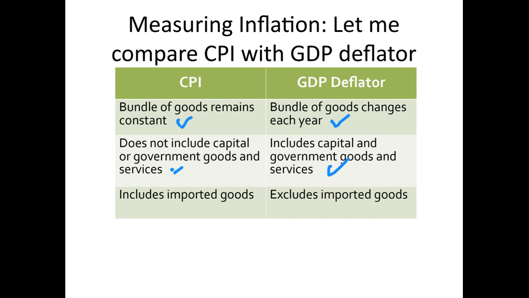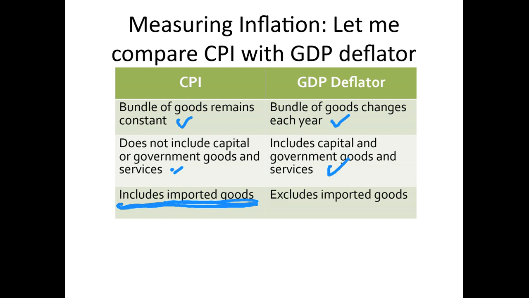In consumer price index, we include imported goods as well. Remember this. If I am consuming a product that is produced outside Canada, that will be included in consumer price index. So because of the supply chain problems due to COVID-19, if prices for those products are increasing because of these supply chain barriers or restraints, that is reflected in consumer price index, because now I'm paying higher prices for those imported goods.